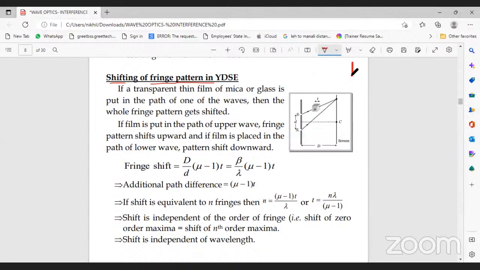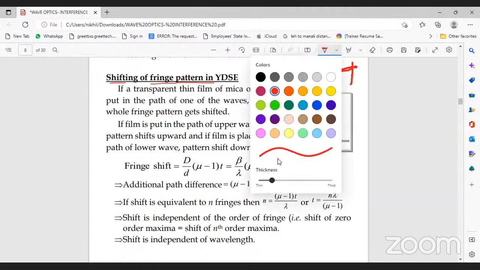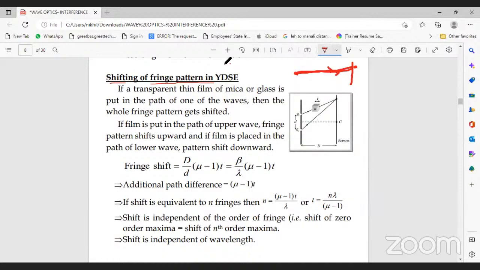This is the screen, and this is the source. From the source, two light waves are traveling like this. At this particular point, the interference is going to take place.